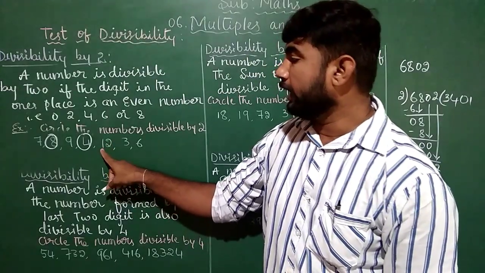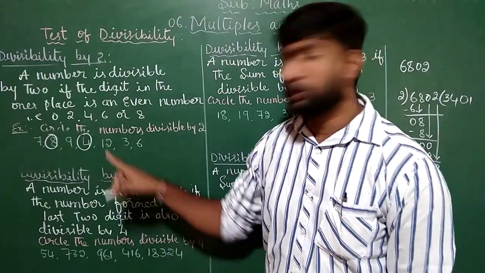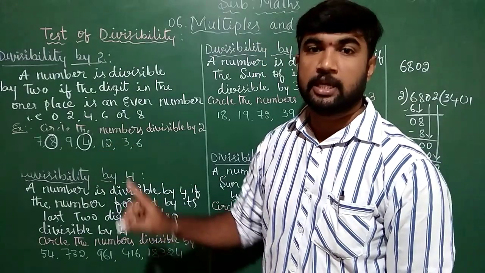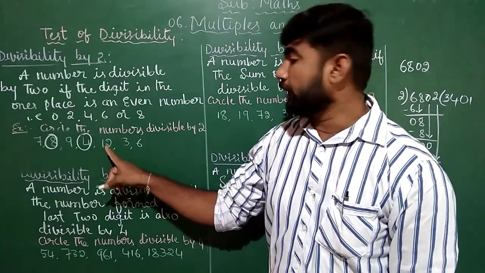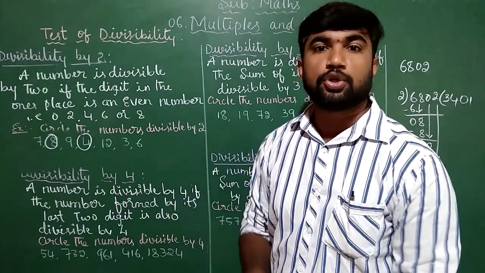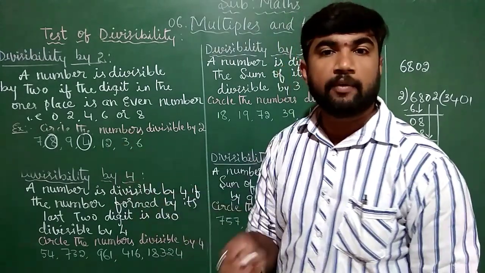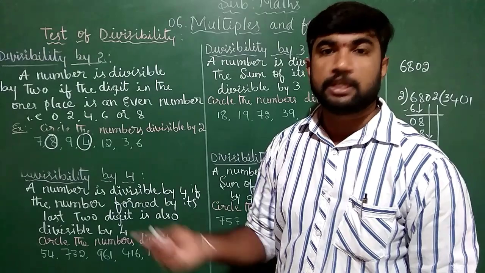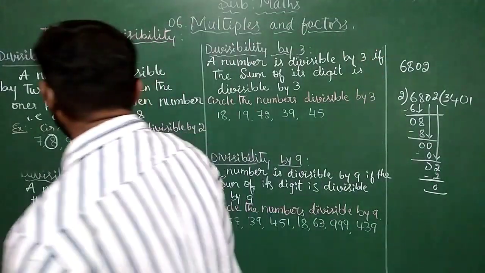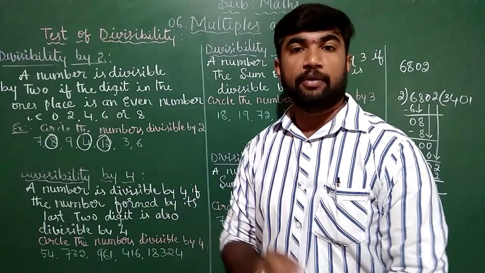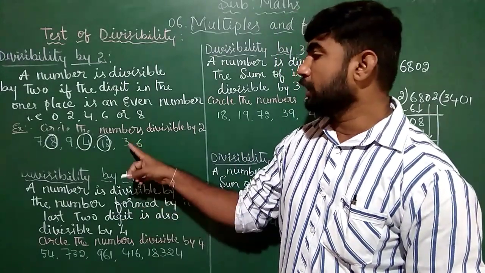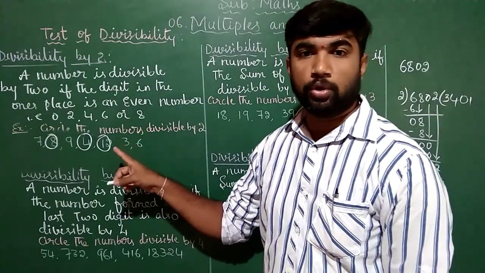Next 12. Here there are 2 place values, that is ones place and tens place. So in the ones place, the number 2 is present. The 2 is an even number, so the 12 is exactly divisible by 2. 2 6 12. So I am circling the number. Next 3 is not an even number, so it is not exactly divisible by 2.